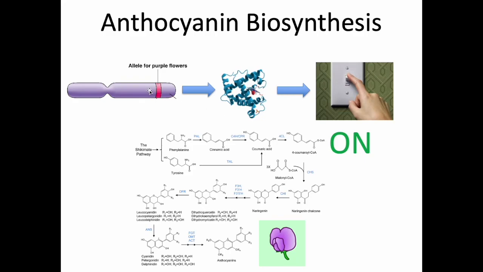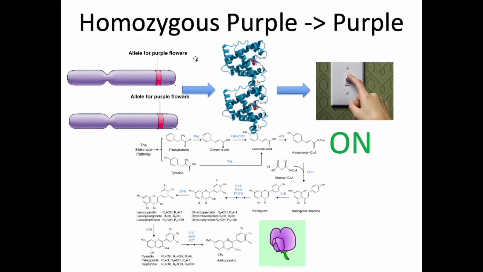So if you have a purple flower allele, that means you're making this switch protein, you're turning the pathway on, and you're building anthocyanins, and your flowers are going to look purple. In a homozygous purple flower, you've got 2 of this allele. So you're making double the copies of this protein.